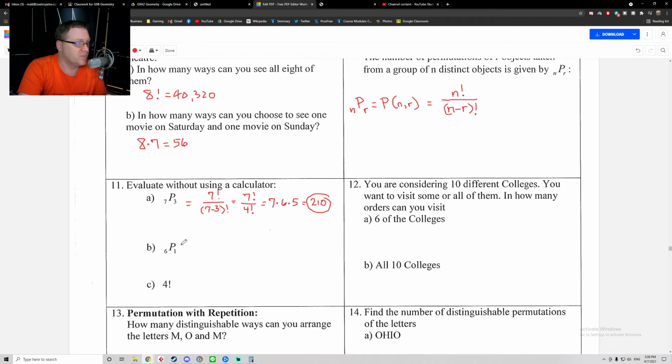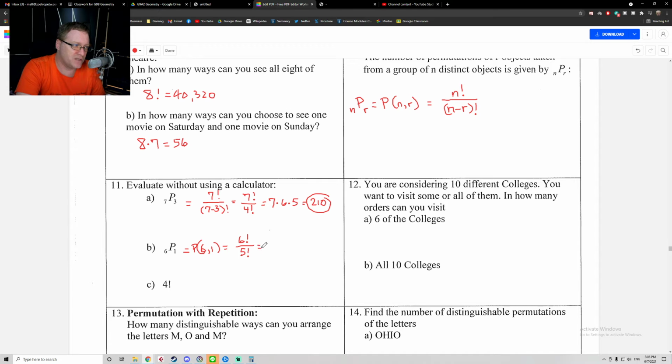All right, good. What about 6 permutation 1? Sometimes your book definitely will write it like this, P(6, 1). What does that mean? It just means 6 factorial over (6 minus 1) factorial, which is 5 factorial.